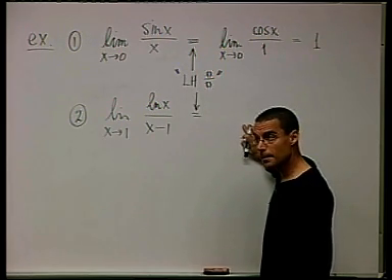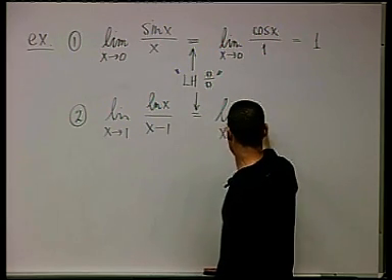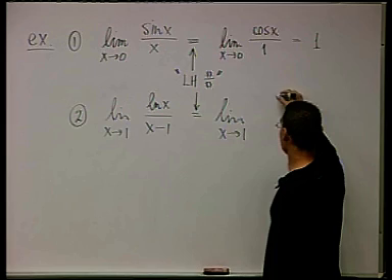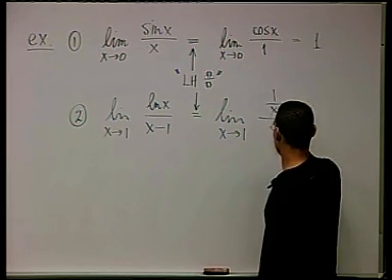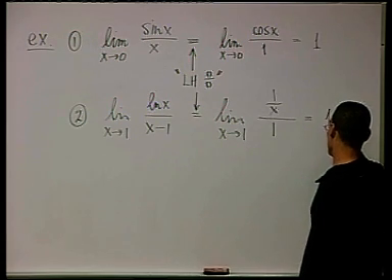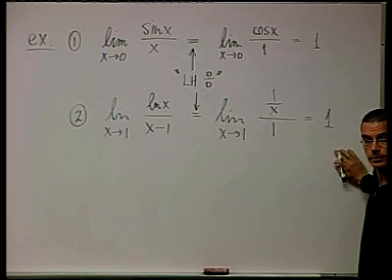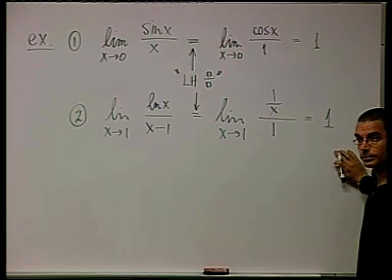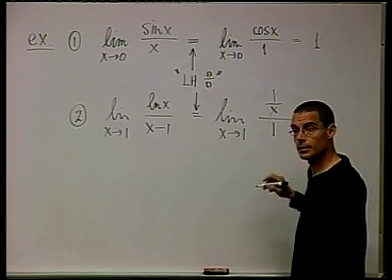Do you agree? And all I'm going to do is take the limit, x goes to 1. The derivative of ln of x is 1 over x. The derivative of x minus 1 is 1. Limit is 1. Good? Questions?